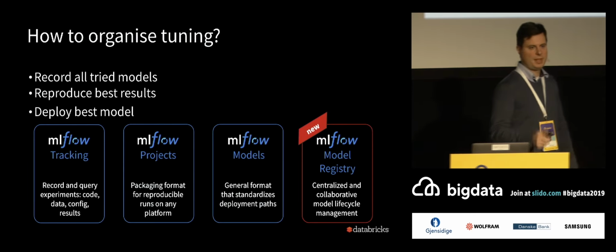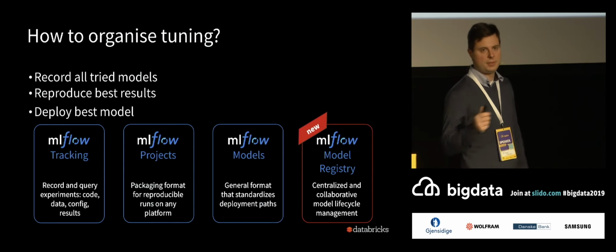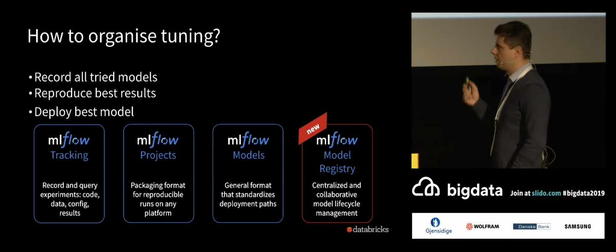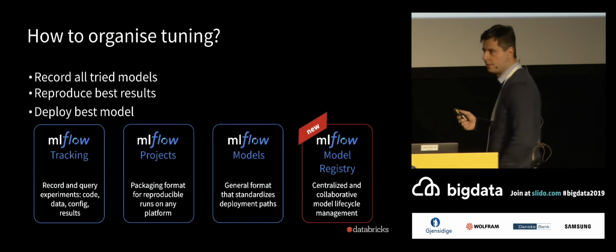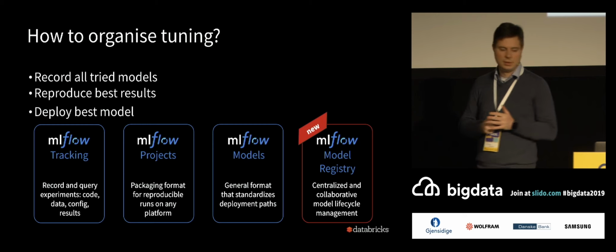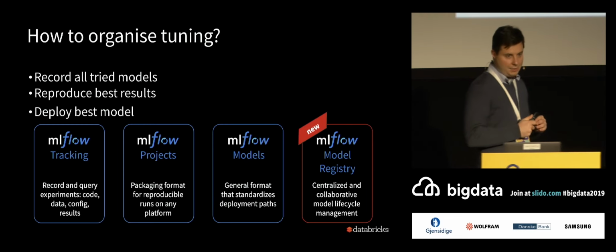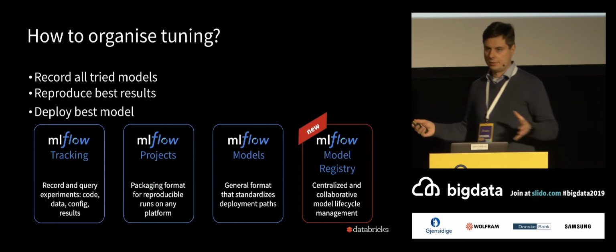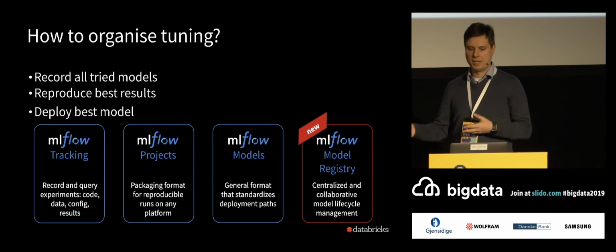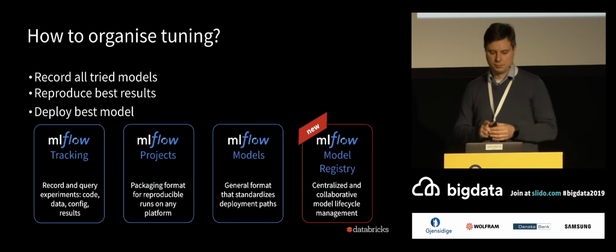MLflow supports saving, I think, most of the models coming from most of the well-known frameworks. There is native support for TensorFlow, Keras, Scikit-learn, also PyTorch, MXNet. And after you track all this, you can search and see what you have tried and see what's working best, what's not working really well.